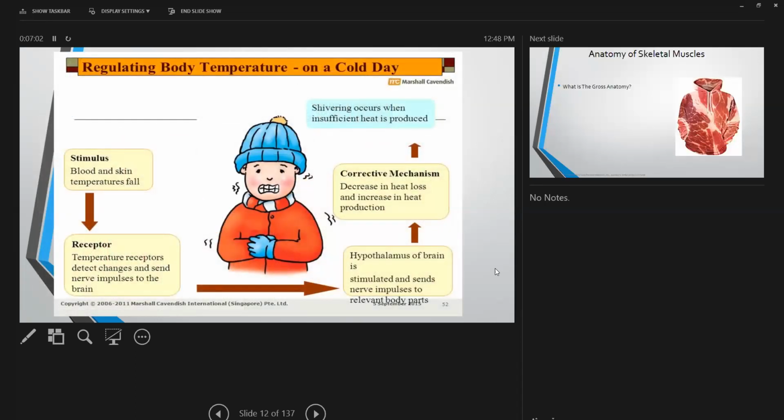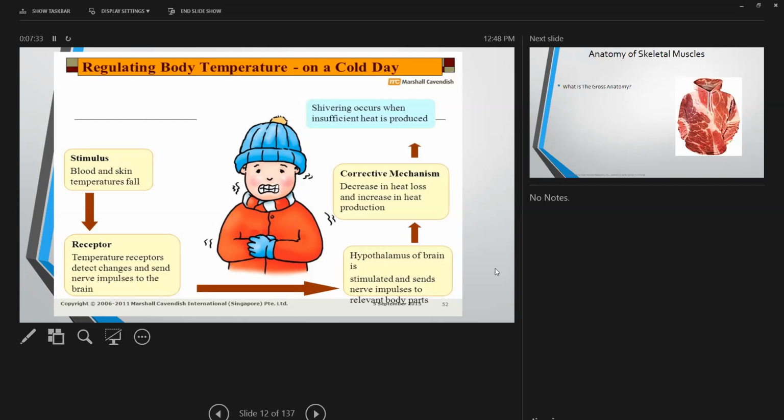One other function of muscle is to maintain body temperature. This is a little diagram of what the muscular system could do to help regulate body temperature. We get this stimulus of cold, right? The skin is cold, the body's cold. This triggers receptors to sense that temperature change and then creates a response.